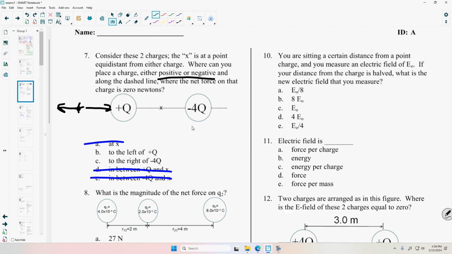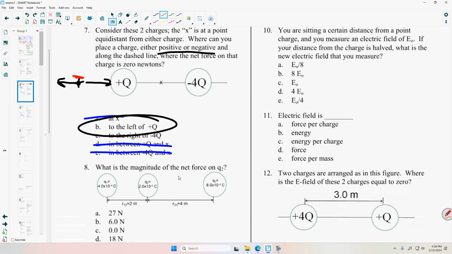There is a place over there where those two are equal but opposite, because I get a bigger force due to the smaller charge because I'm closer to it, and a smaller force due to the bigger charge because I'm farther away from it. So somewhere to the left of the plus q is where I'm going to have that. Now, I could imagine a negative particle, and the same thing would happen. The two vectors would just flip-flop, but it would still be the same answer.